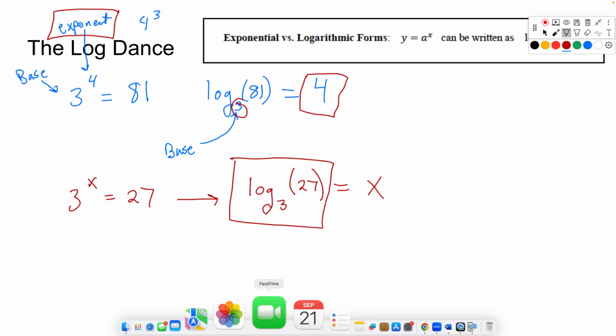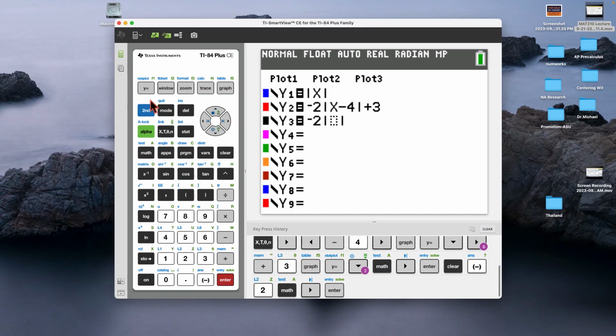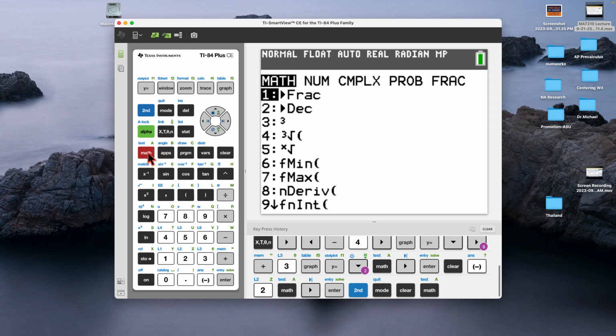Watch, I'm going to put log base 3 of 27 into my calculator. So let's go 2nd Quit, back to the main screen. I'm going to clear it out. There are 2 logarithm buttons on here. We'll talk a little bit more about those later. But if I want log base 3, I have to hit the math key, and then I arrow down.